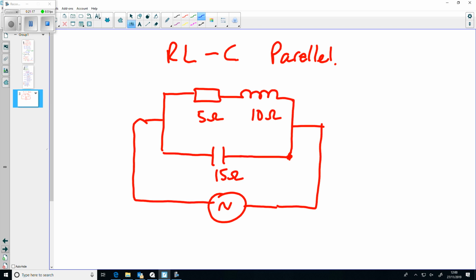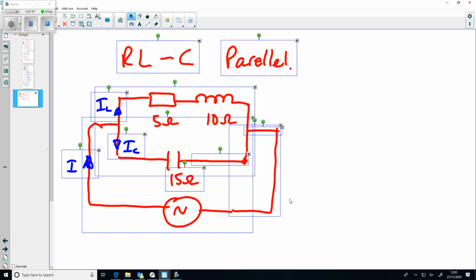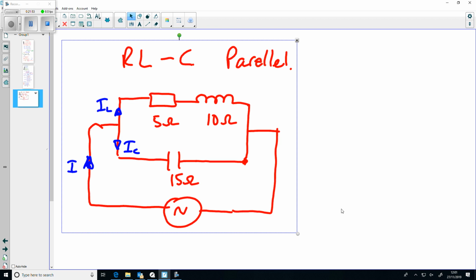So, current wise in here, we've got a current there, we've got an IL, and an IC split. I haven't put it on there yet. We'll have the same 60 volts as we had in the last problem.